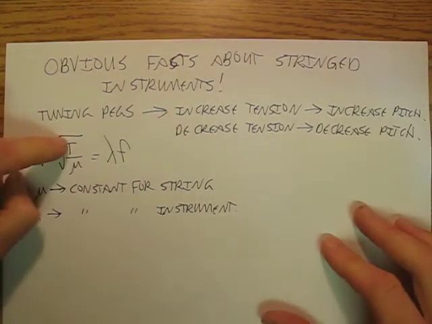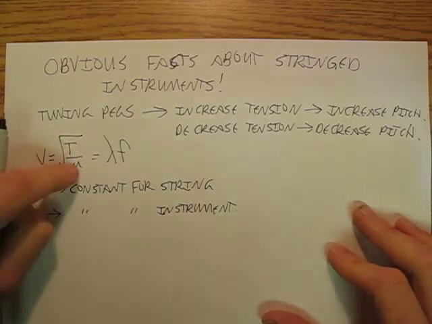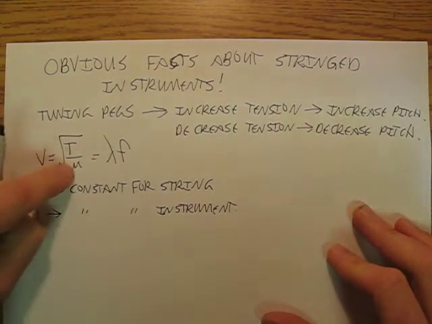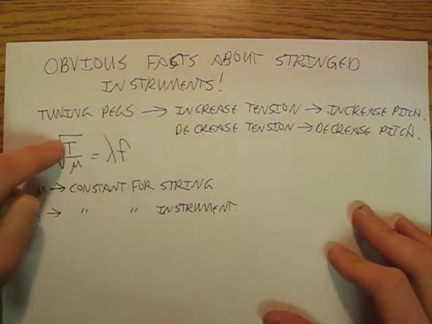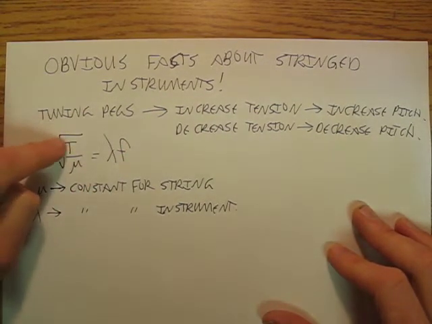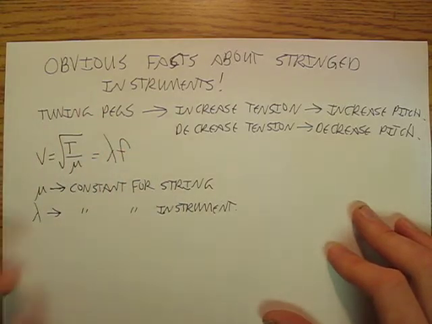So you see that if mu is a constant and lambda is a constant, then if you increase the tension, the frequency goes up. If you decrease the tension, the frequency goes down.